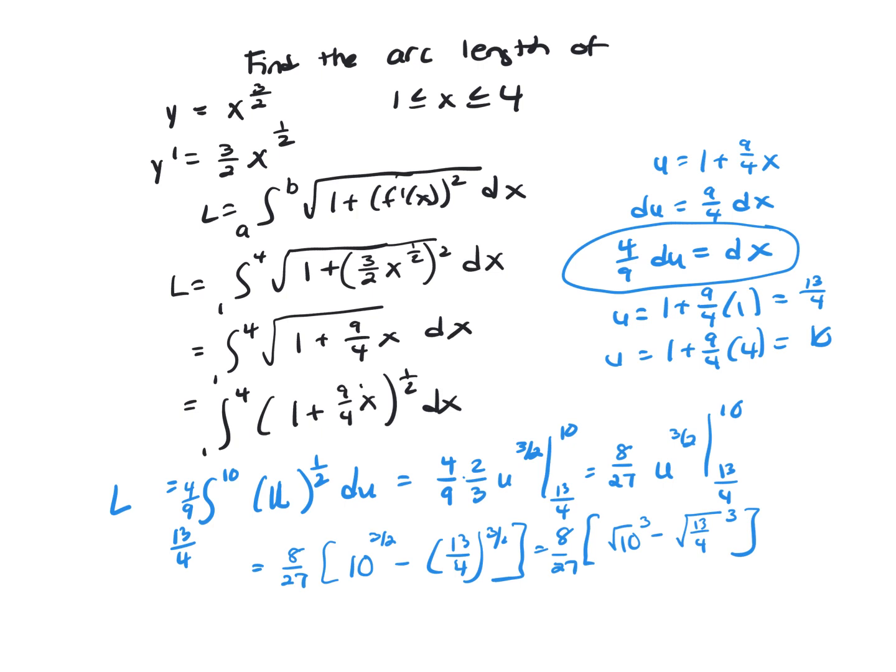And if you use your calculator, well, I could go one more step, or you could just stop there and use your calculator. That would be 8/27 times 10 square root of 10 minus 13 square root of 13 over 8. And that's approximately 7.634.